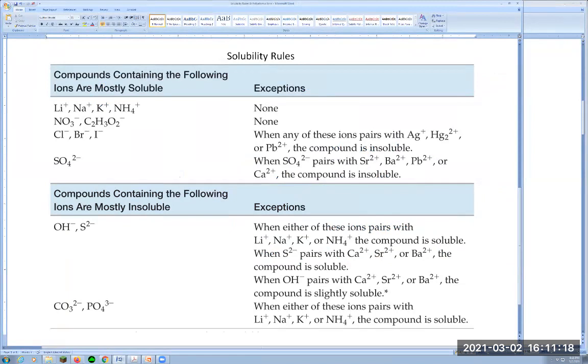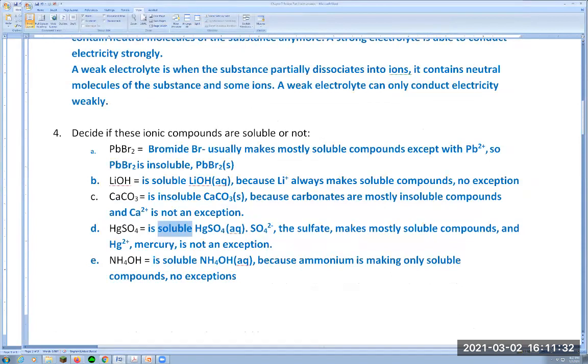So you want to use the same table preferably. Don't use the internet, because the internet may have too much information that can be contradictory. Another thing is when you're doing your homework on Sapling, Sapling will provide a solubility table. And so the best is to use their solubility table. This way, you will be correct in Sapling.